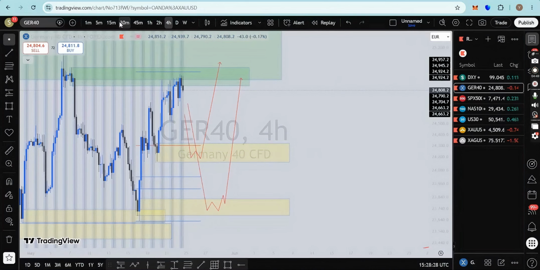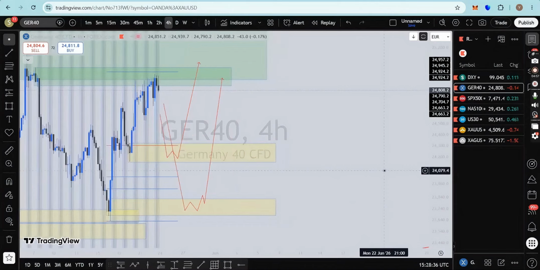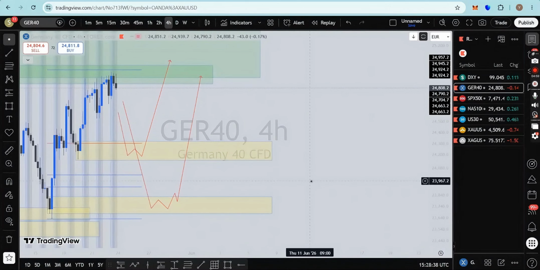I will zoom down to the 15 minutes time frame to get a good entry candlestick confirmation. I look for some good POI to buy from. So this is a good POI, and I'm looking forward to buy.